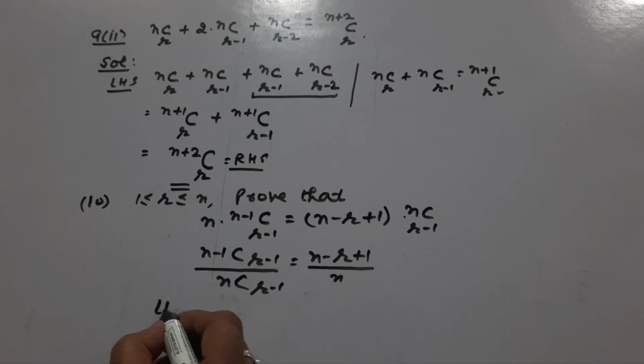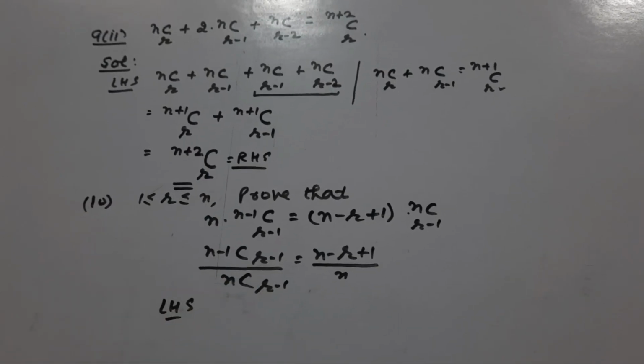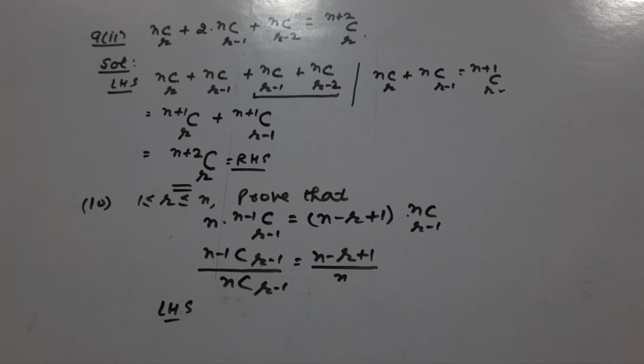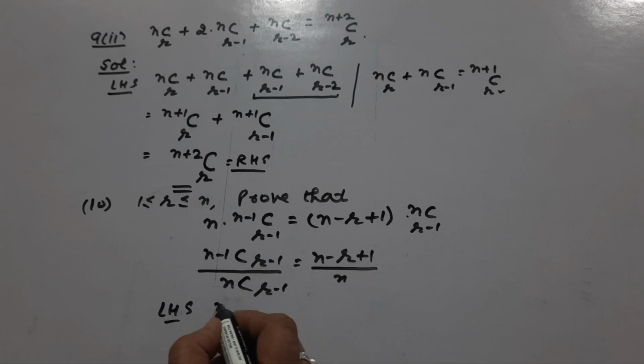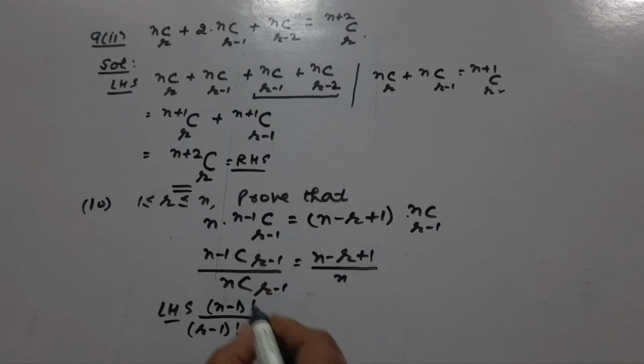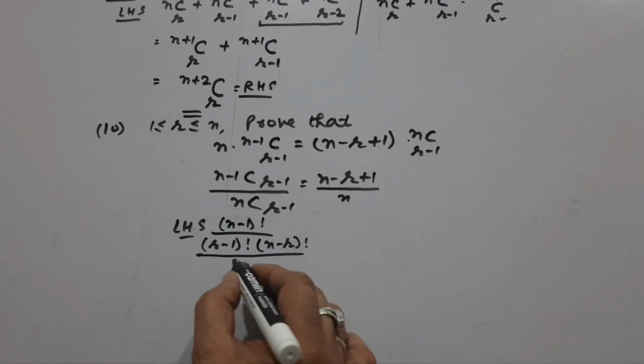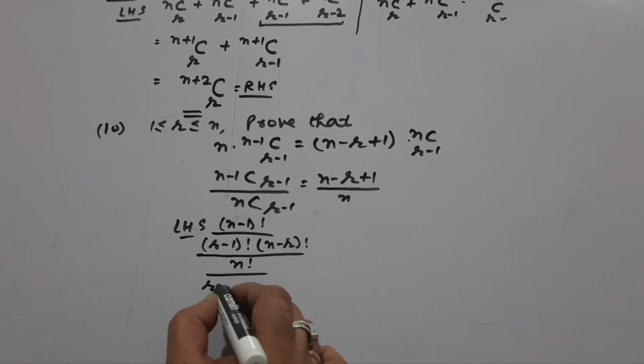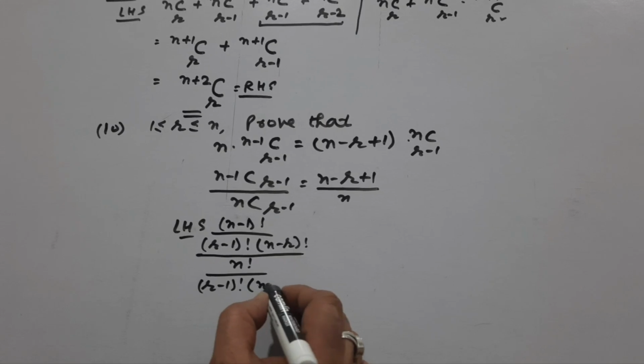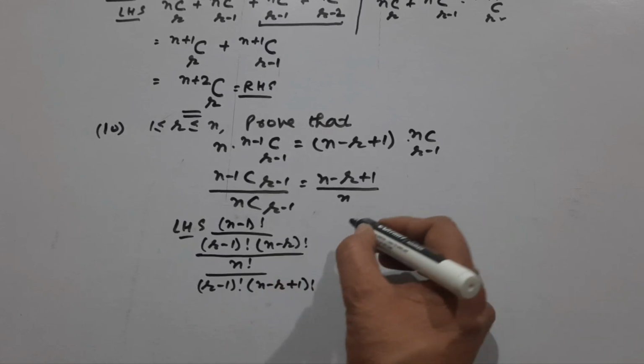Now take the left side. Now let us use the formula. The formula is n-1 factorial upon r-1 factorial, then n-1-r+1, we get n-r factorial, upon n factorial, then r-1 factorial into n-r+1 factorial.